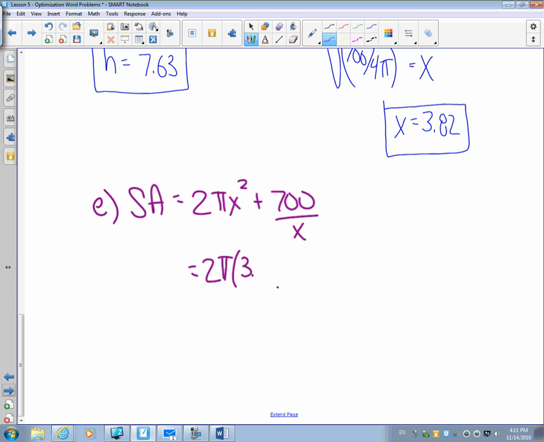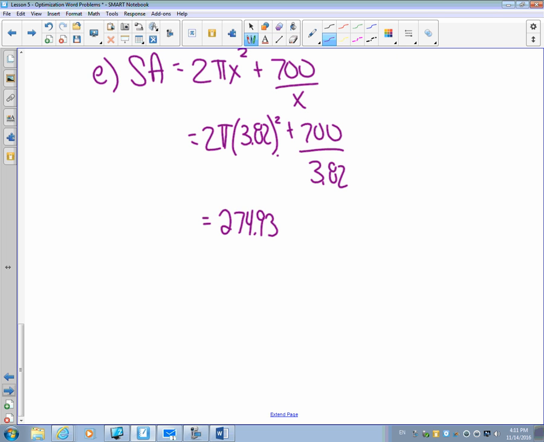It's 3.82. So I'm going to replace both x's with 3.82s and plug it all in my calculator, and hopefully you guys got 274.93, or if you go 3 sig figs, 275 centimeters squared. Okay, and that's our last optimization question.